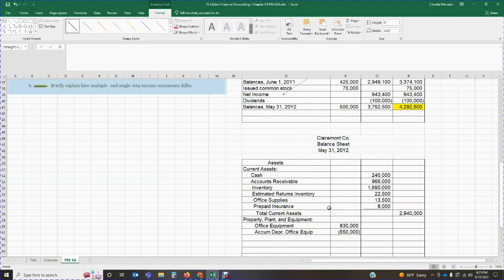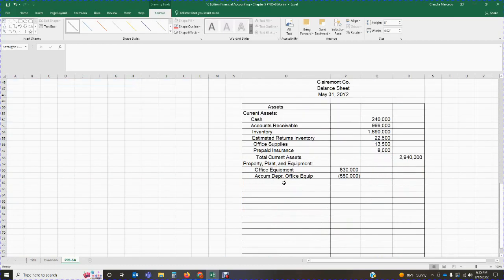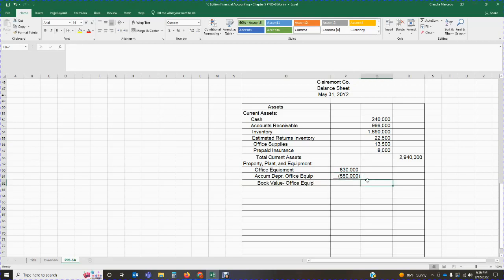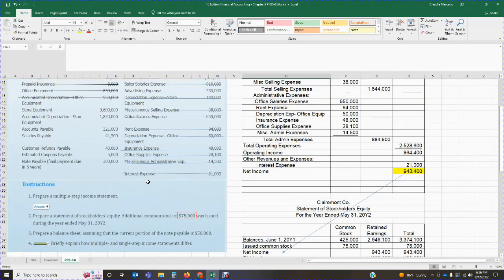Now that we have the cost of our assets minus the accumulated depreciation, we can calculate the book value. Book value of the office equipment. Okay. So to calculate the book value, we're going to get the 830 minus the 550. And that's going to give us a book value of $280,000 for the office equipment. Okay.